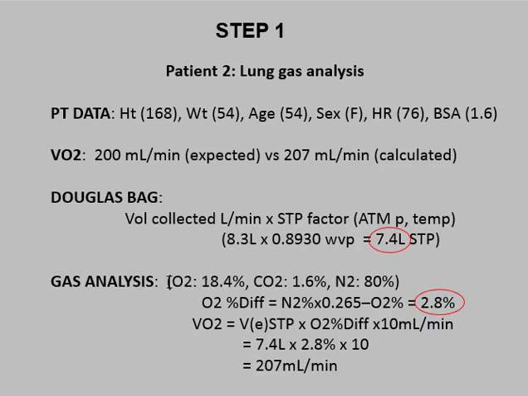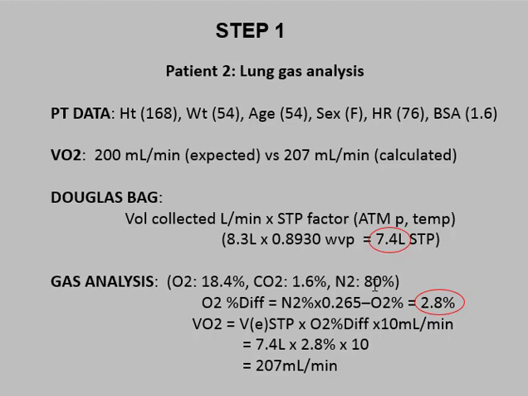We need to measure oxygen content and carbon dioxide content, and that has to also agree with the nitrogen content, which, allowing for a little bit of error, is around 80%. So in this patient, we measured the oxygen to be 18.4% and the carbon dioxide content to be 1.6%. And that 80% is the difference from 100% after we subtract these two.